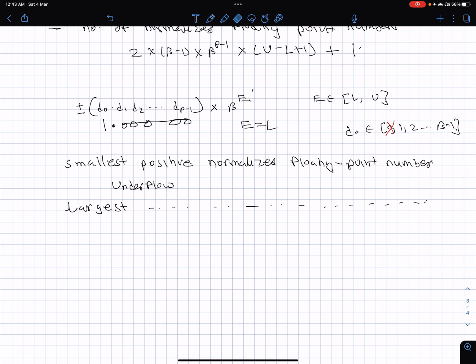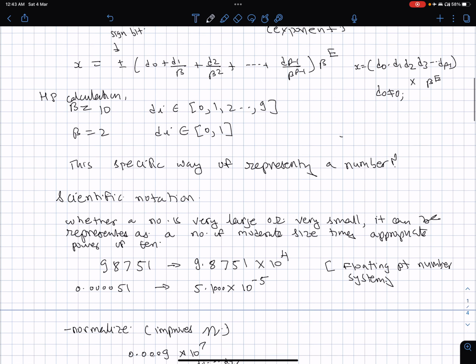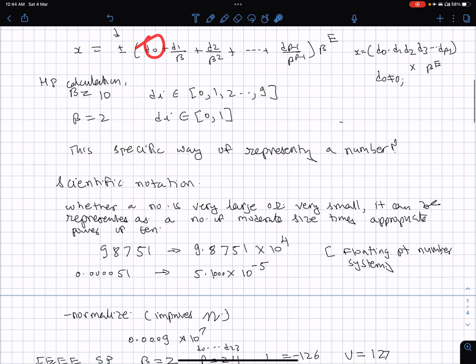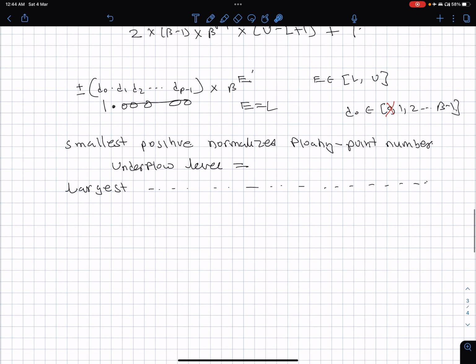So the underflow level is going to be simply D0 with unit weight. Remember, D0 comes with unit weight. So the underflow level is simply beta to the power L.